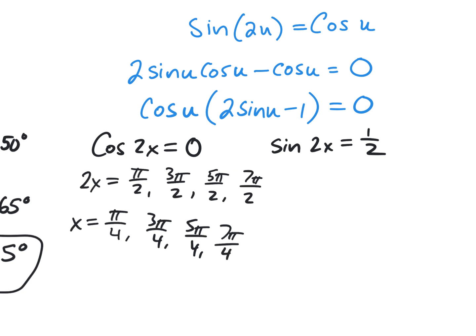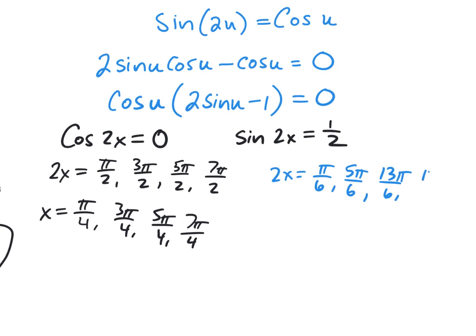If we move over to the right, let me change color so we can differentiate here. We have sine of 2x equals 1/2. 1/2 is on our unit circle, so we know that 2x must equal pi over 6 and 5 pi over 6, as well as their coterminal angles, one additional rotation around the unit circle at 13 pi over 6 and 17 pi over 6.